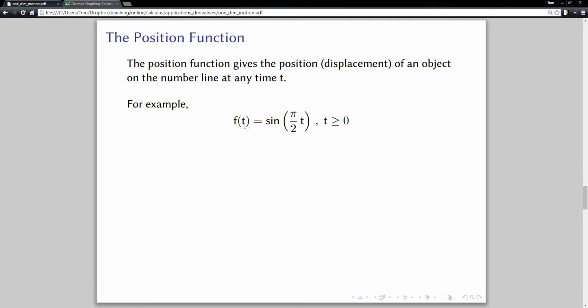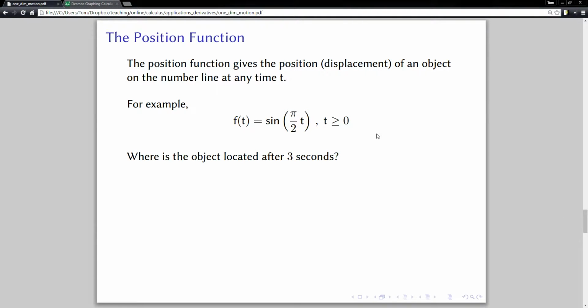The particle starts moving and the clock starts running, so we usually take the time to be starting at 0. This is actually the equation from the example that I showed you earlier in this video.